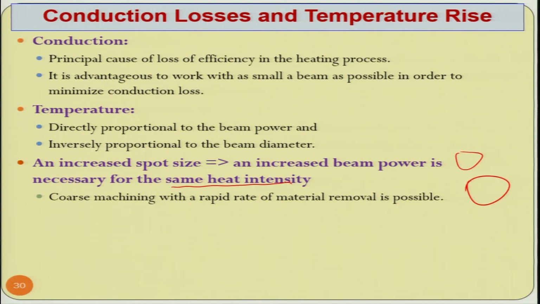Coarse machining with a rapid rate of material removal is possible. If you are not interested in very fine cuts or very fine features of the workpiece, then you can have coarse machining with a higher scanning speed.